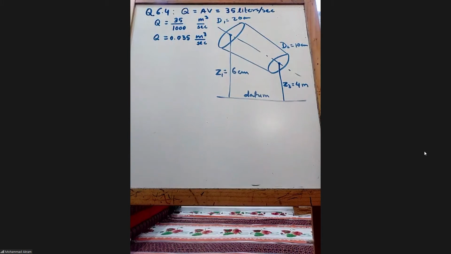Doctor, I have a question. Isn't it supposed to be like a horizontal pipe? If horizontal, then Z1 and Z2 will be equal, right? No, doctor, I don't think so, because the diameters of the two pipes are different.